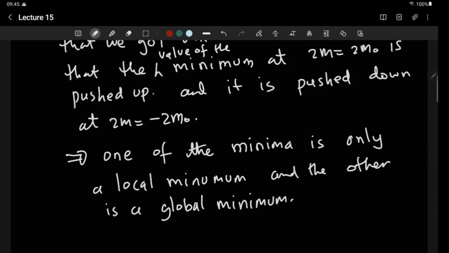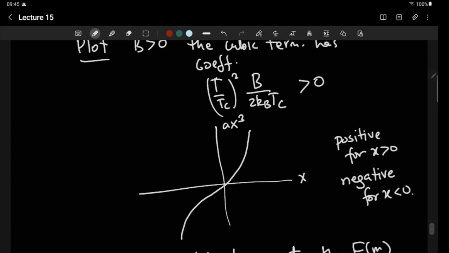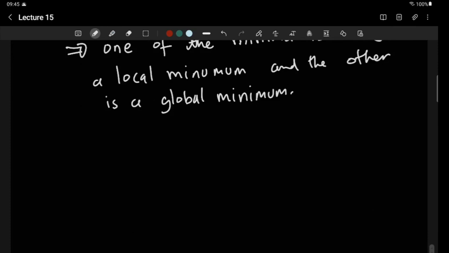And you can see that if I change the sign of b, this will flip sign. When b goes to minus b, this will flip sign. Right? So then what was global in one situation will become local in the other, and the other way around. Okay? So we get two pictures now. So I draw only one.